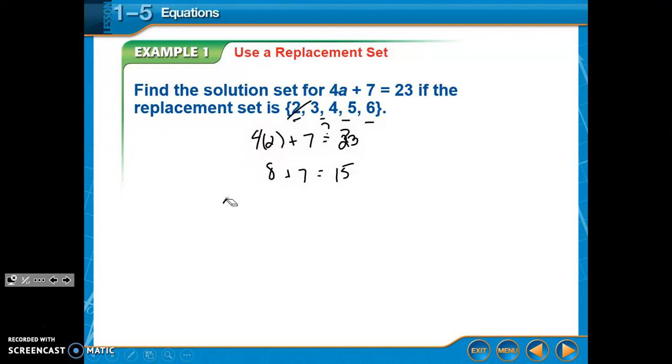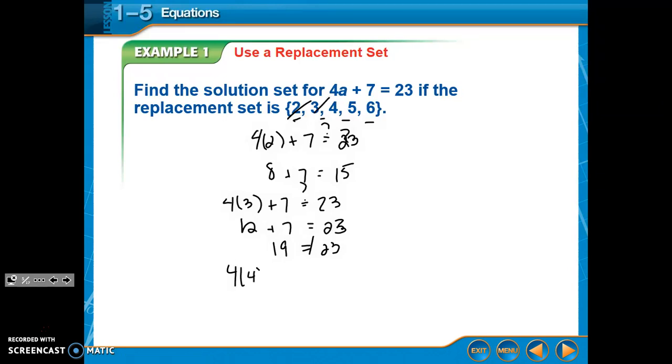If I try with the 3, 4 times 3 plus 7, is that equal to 23? 4 times 3 is 12 plus 7. That's 19, which is not equal to 23. So 3 is not the solution. If I try with 4, 4 times 4 plus 7 equals 23.